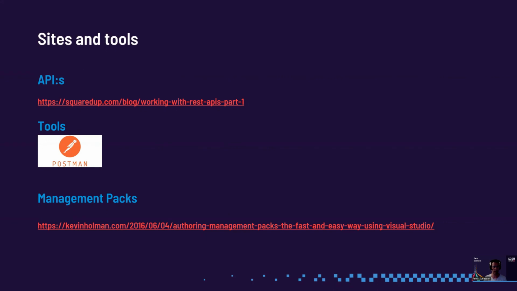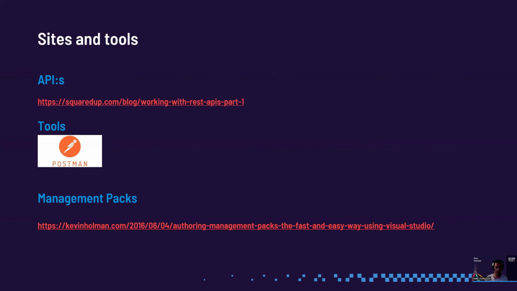And I would also like to repeat myself a bit, just to show you some sites and some tools as well. Regarding the APIs, I really do like the Squared Up blog on working with REST APIs, in two parts, part 1 and part 2.